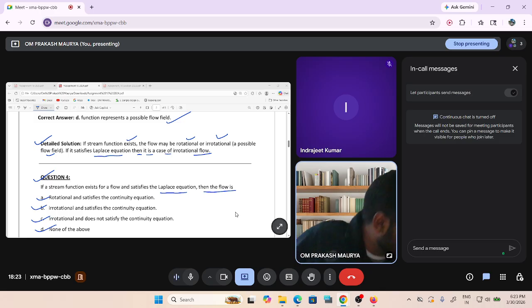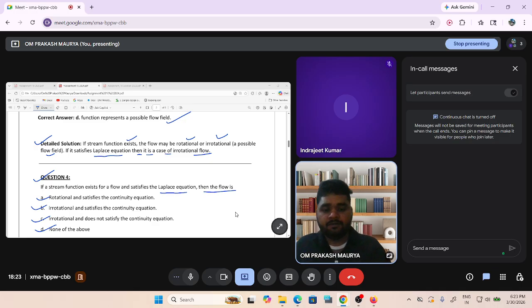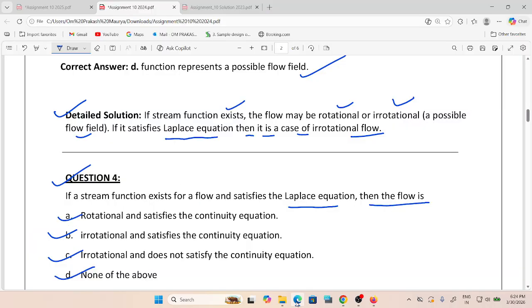Okay, so let me explain. What we have previously seen: in the detailed solution it is written very clearly, if a stream function exists, the flow may be rotational or irrotational.